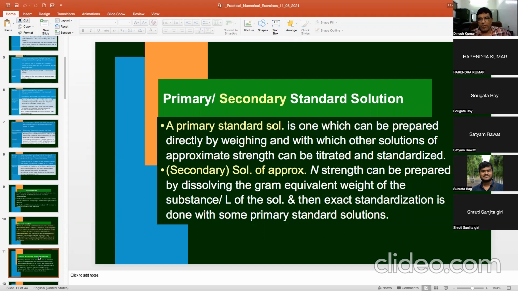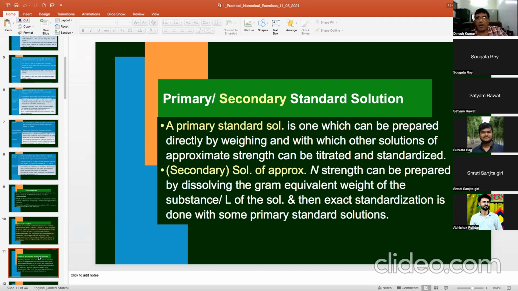If you see more about the primary standard solution, it is one which can be prepared directly by weighing and with which another solution of approximate strength can be titrated and standardized. So this primary standard solution will be used to standardize other solutions. It can also be used to know the concentration or strength of any other solution by titration.